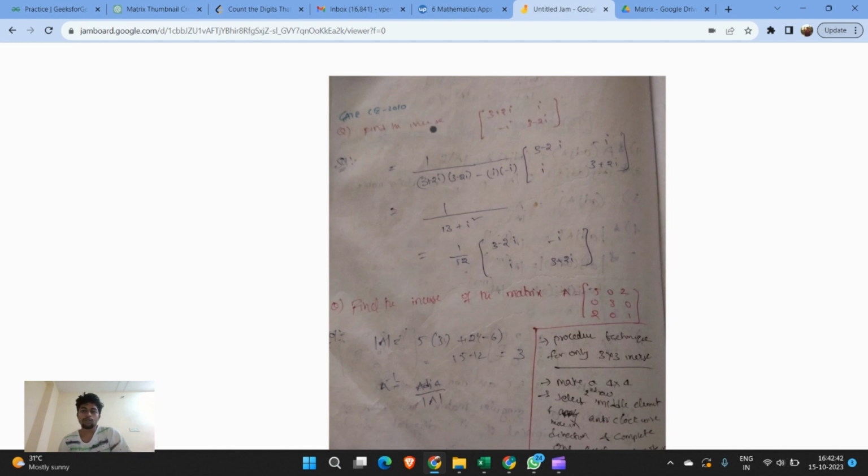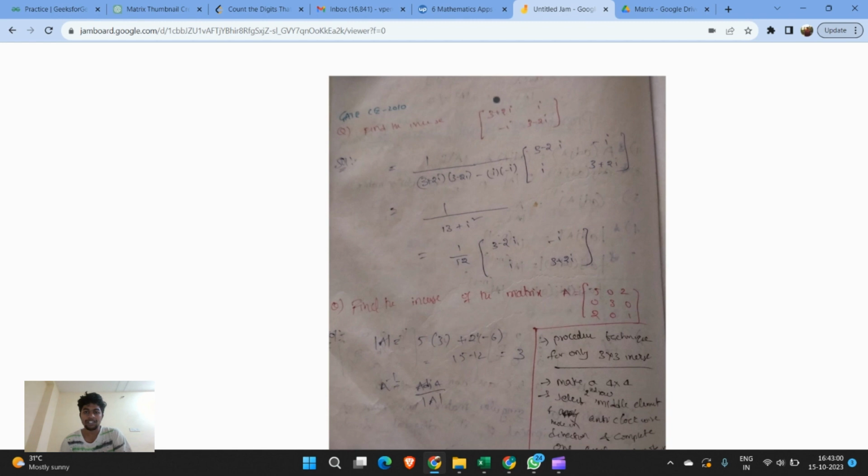If it is a 2 by 2, there is one simple technique to find the inverse of that matrix, that is 1 by AD minus BC into D, minus B, minus C, A. So that is the formula. Here A is the first row first element.